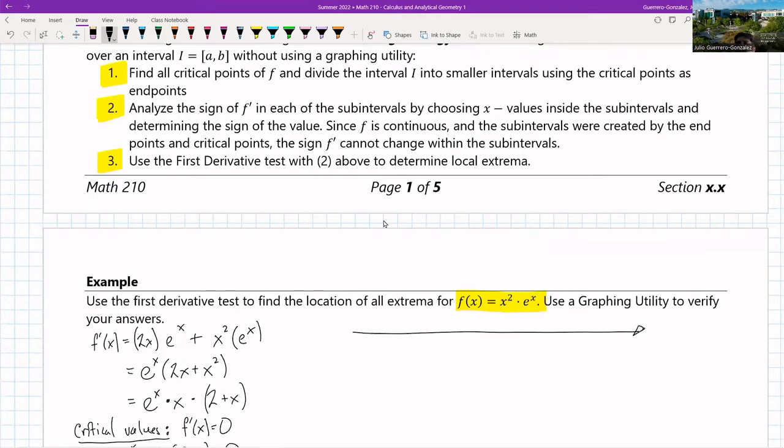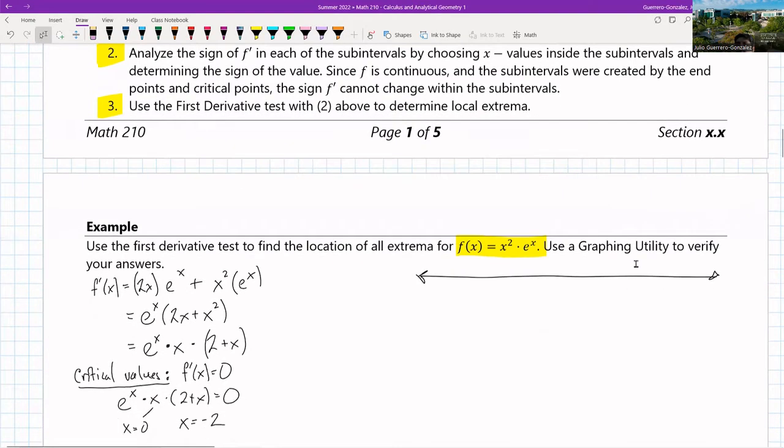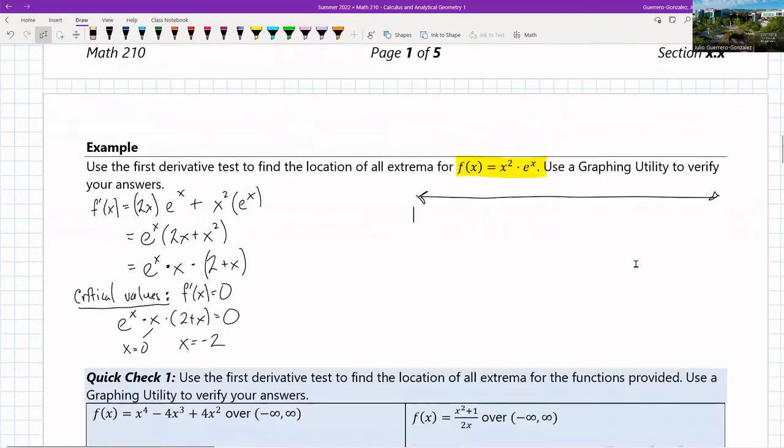Here's my number line, and I'm actually going to move it over a little bit. I have room to label some stuff. Okay, scroll down a little bit. Okay, my critical values are 0 and -2. So I'm going to do 0 here, -2 here. Okay, so these are my critical values.